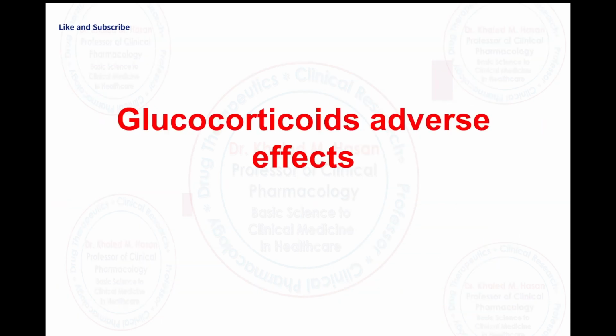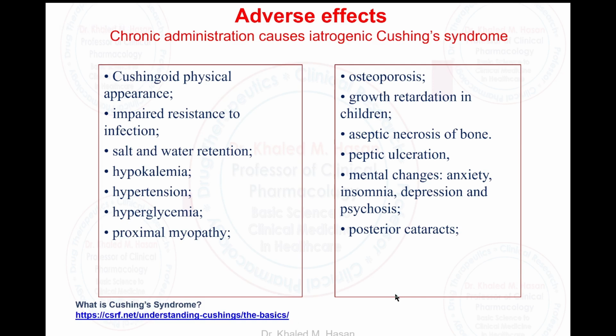Okay, side effects. It's very important to take them into consideration. So you can see here what we have. Cushing syndrome, could be Cushing disease, impaired resistance to infection, salt and water retention. Here we talk about hypertension. This will lead to hypertension. Hypokalemia, due to the aldosterone effect.